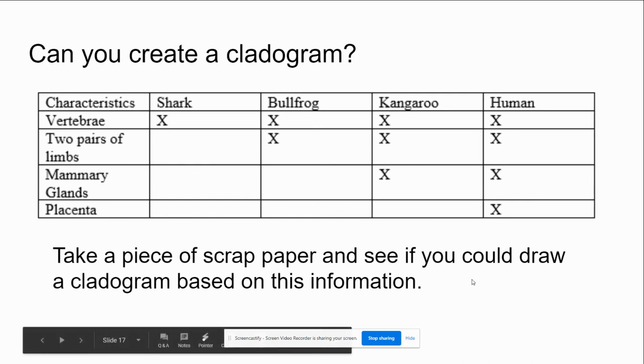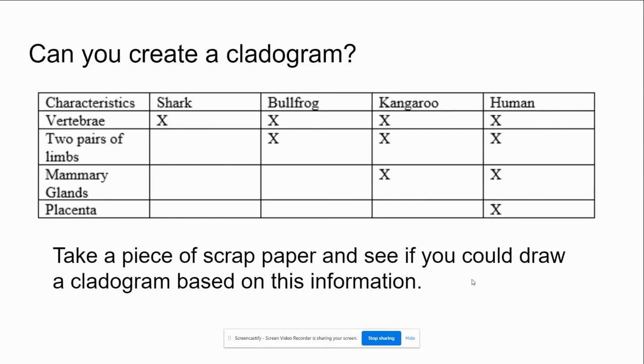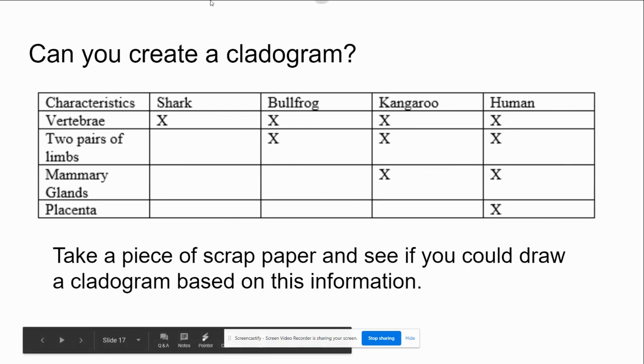All right, now here's another thing. What if I just didn't give you the cladogram? What if I gave you instead a table like this of all of these characteristics and I told you to see if you could draw the cladogram? Could you do it? So this is a shark, a bullfrog, a kangaroo, and a human.